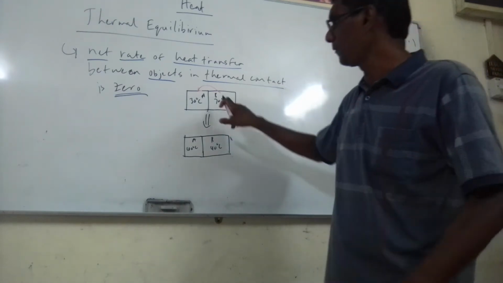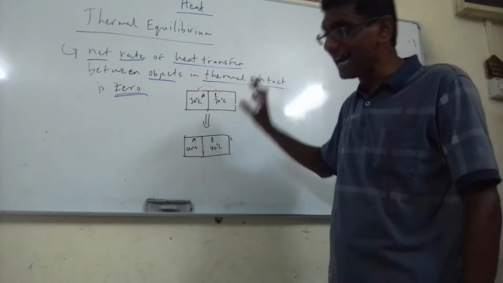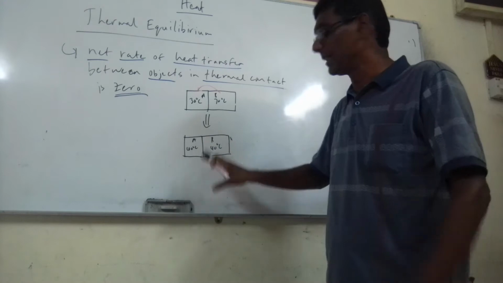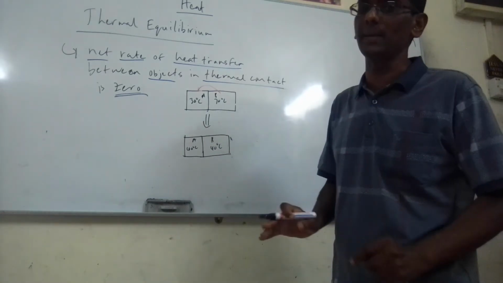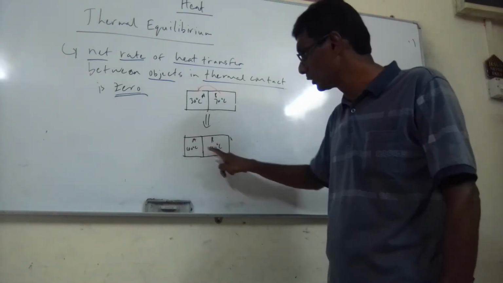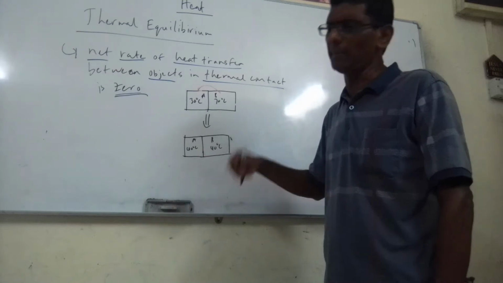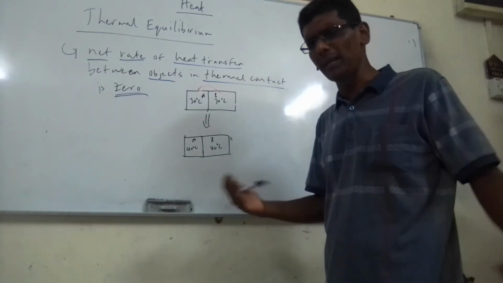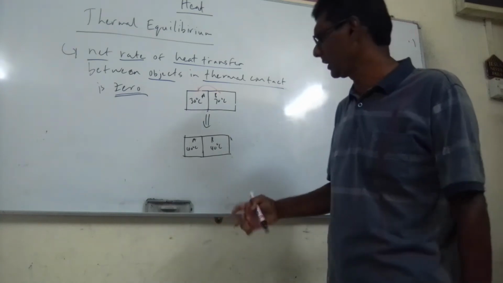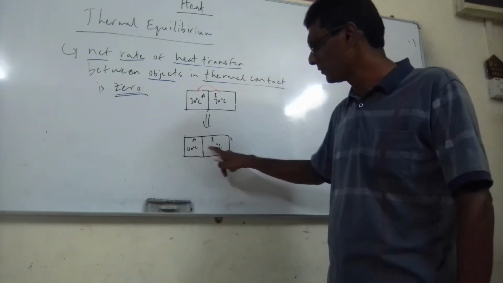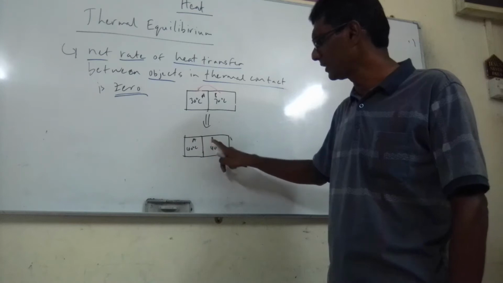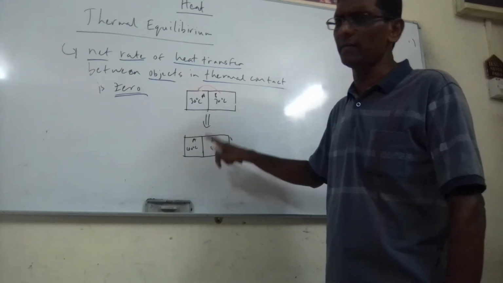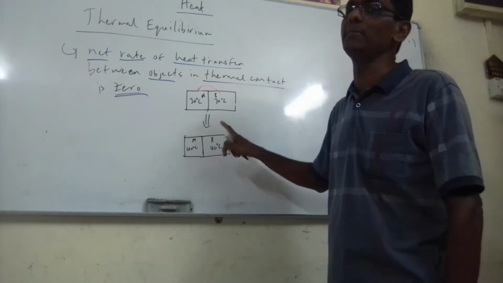The heat transfers from the higher temperature to the lower temperature until the temperature of both objects is the same. This is called thermal contact. The objects can be solid and liquid, any form.